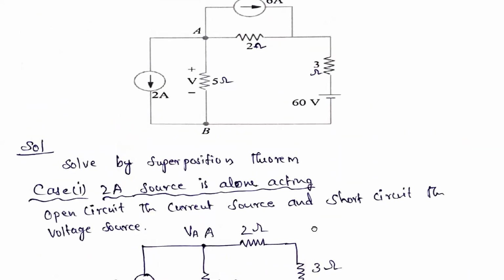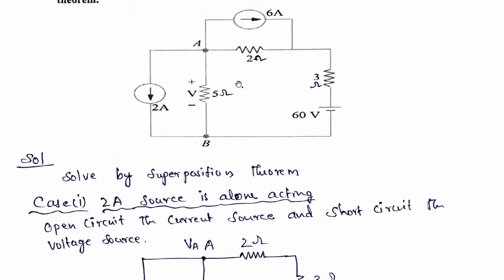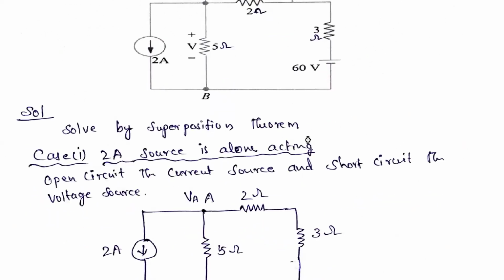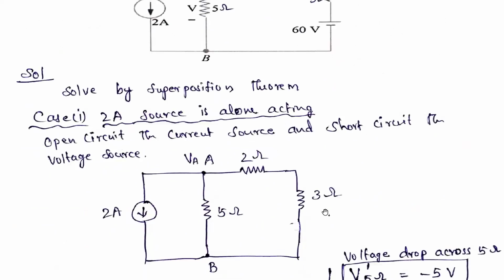So I'm redrawing the circuit by removing this current source and short circuiting this voltage source. So if you see here, I have removed this current source and short circuited this voltage source. Here we need to find out the voltage across this 5 ohm resistance.